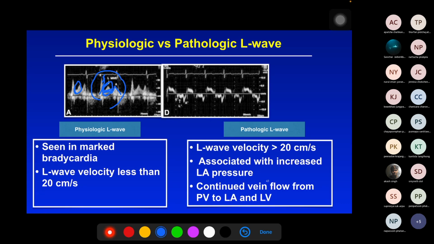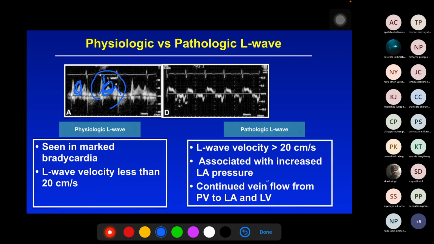In the third phase, LA pressure and LV pressure should be equalized. But if the patient has high LA pressure, the LA pressure is still higher than the LV pressure. That's why we can detect flow in the diastasis phase. It's called the L wave in the mitral valve inflow velocity.